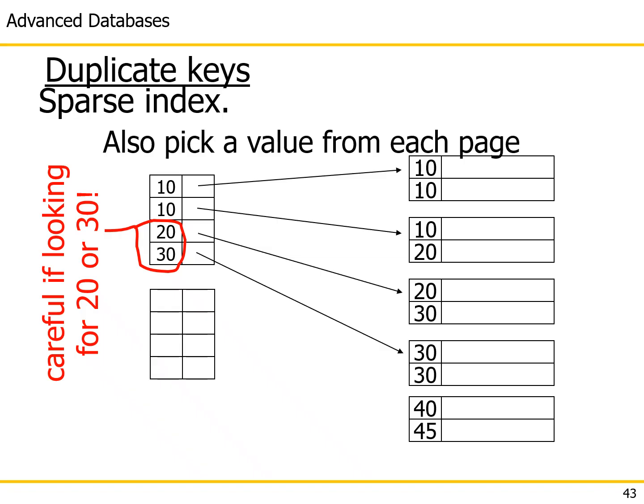The page before it, in case there is a preceding 30, and there is actually one after the 20 in the third page in the table, and you need to check the page that has a 40, because there could be a 30 there as well. Okay? So, as you see, duplicates start to cause us trouble, because we don't know where they start and where they stop. And you have to always check before and after your found result to make sure that you're not missing anything that you need to include in the result set.